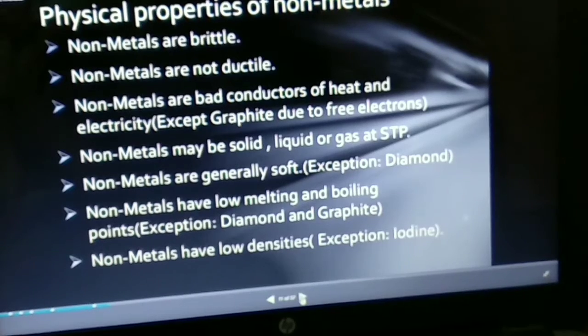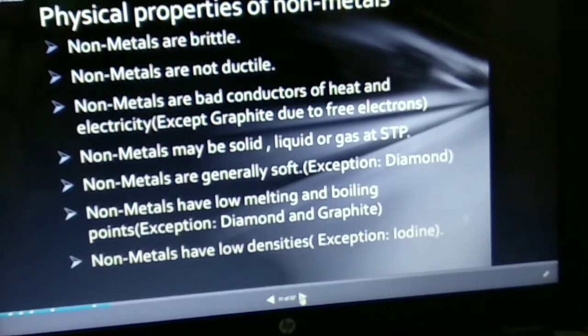Physical properties of non-metals, opposite of metals. Non-metals are brittle. Non-metals are not ductile. Non-metals are bad conductors of heat and electricity except graphite. Do you know, students, why graphite is a good conductor of electricity? Due to the presence of free electrons. But in diamond, there are no free electrons, so diamond is a bad conductor of electricity.